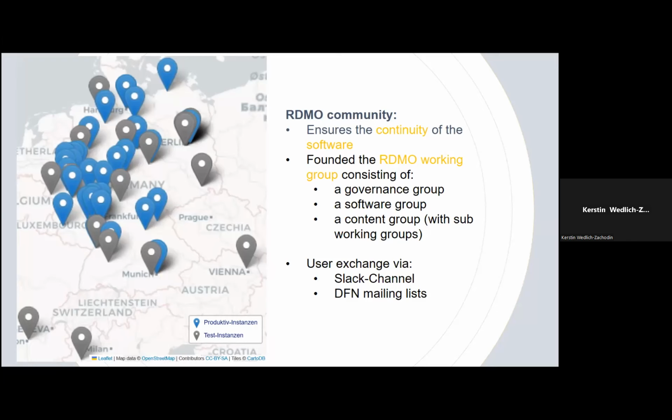The content group usually takes care of things like adding new attributes, which link the questions to the domain. We also have different sub-working groups which do different things, such as developing content of a new questionnaire, or working on the website of the community, etc.